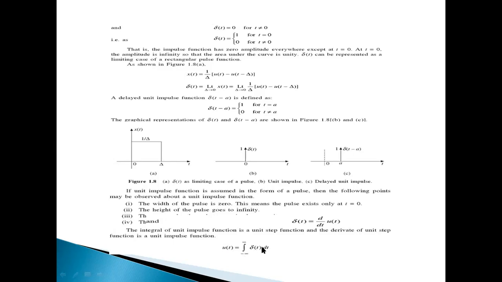In this range, delta of t is equal to 1 for t equal to 0 only, so mu of t is equal to 1 at t equal to 0. The integral of the unit impulse function is a step function, and the derivative of the step function is a unit impulse function. Follow me, my dear students.